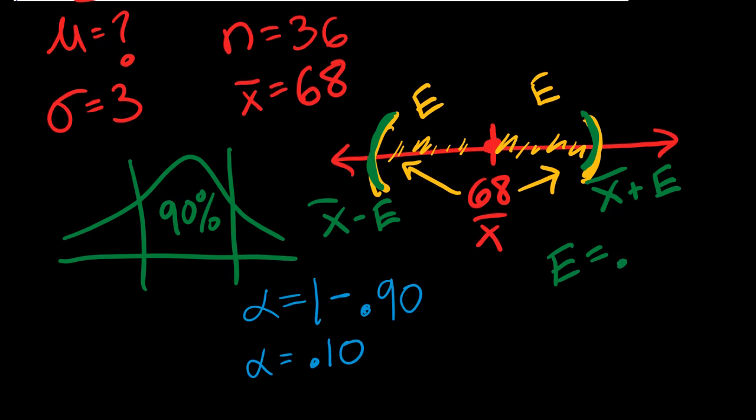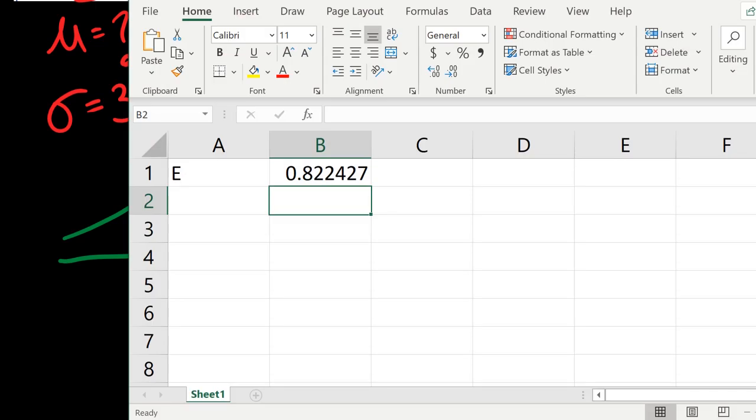E equals 0.822. The lower bound of my confidence interval is x bar minus E, so that will be 68 minus 0.822. I'll find that in Excel, or I could just pull out a calculator.